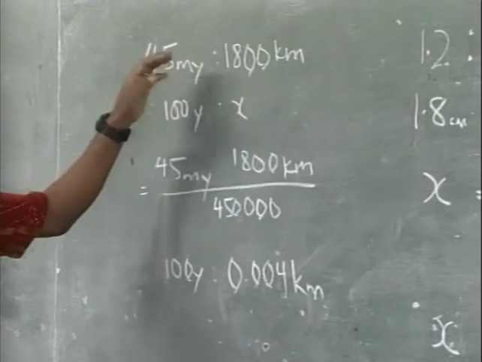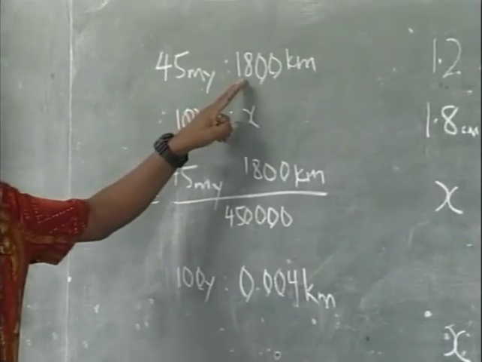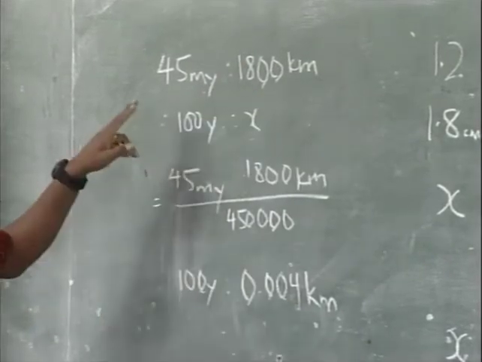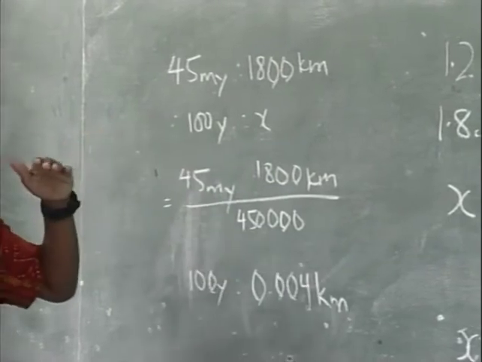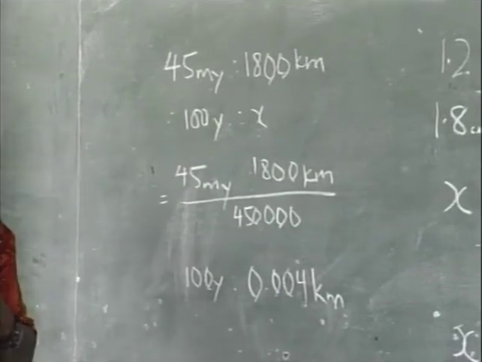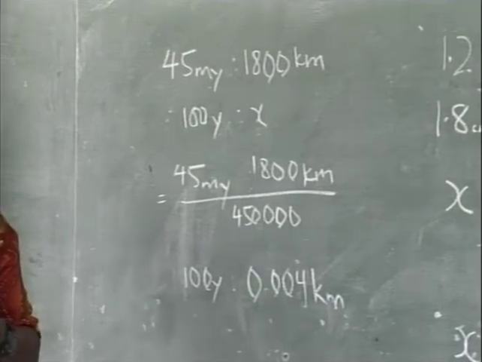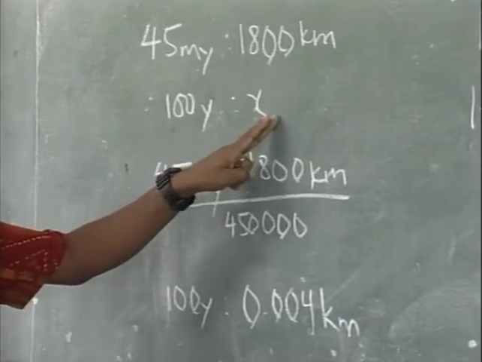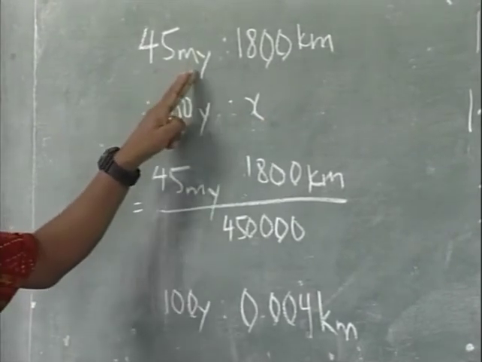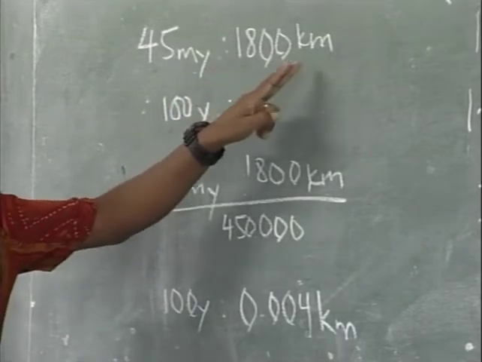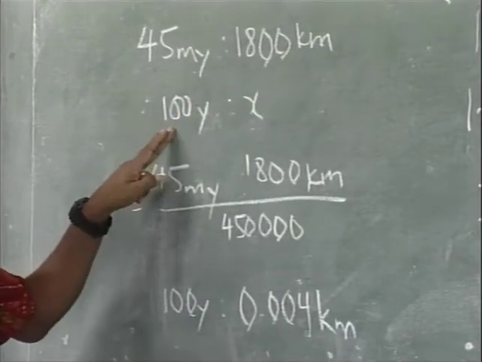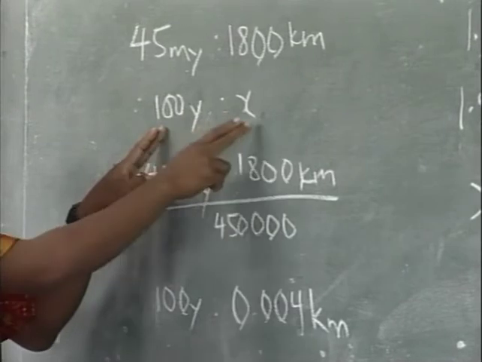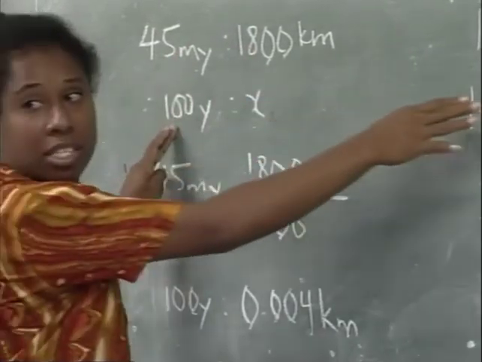We want to find out in terms of how many kilometers Australia would move every 100 years. We know 100 years, but we don't know how many kilometers. So we do the same calculation like what we've done here for the scale.